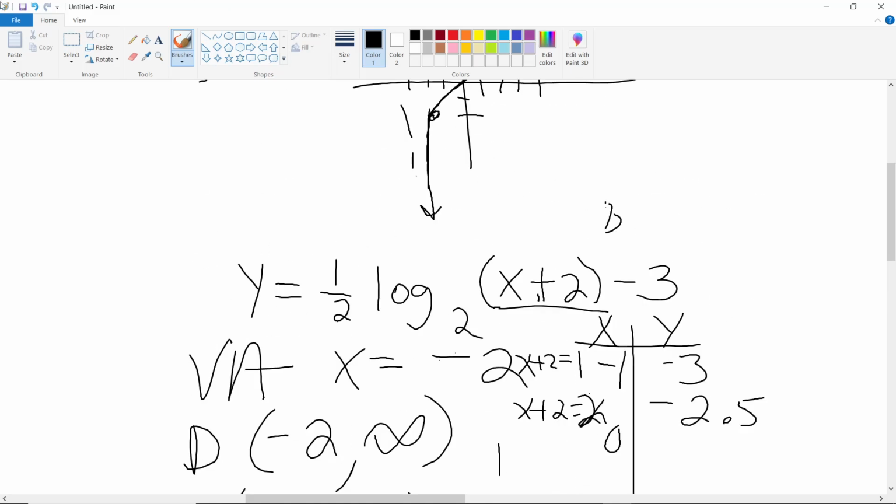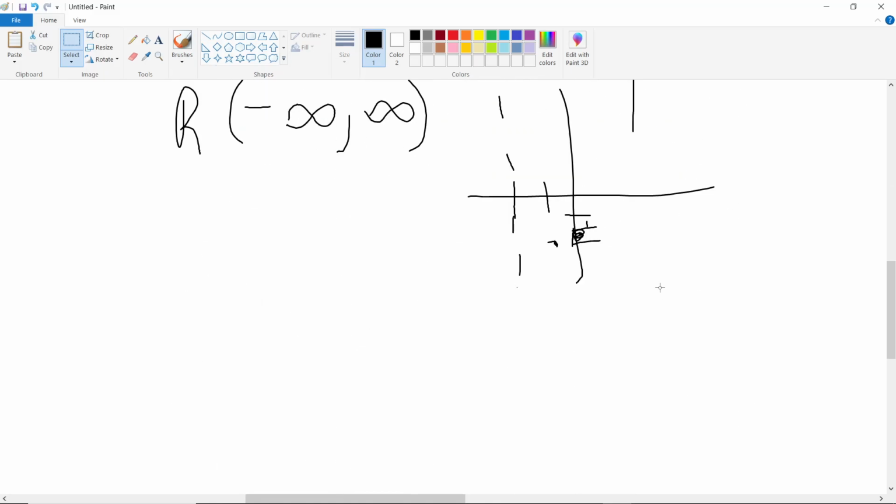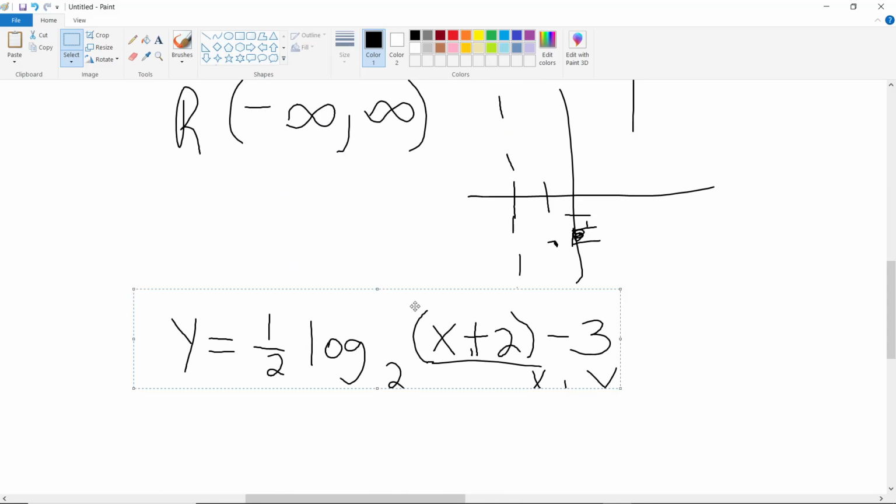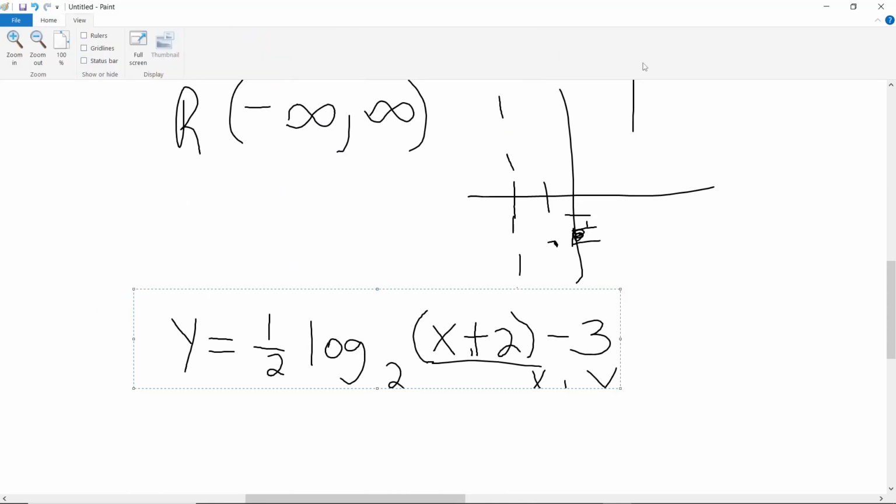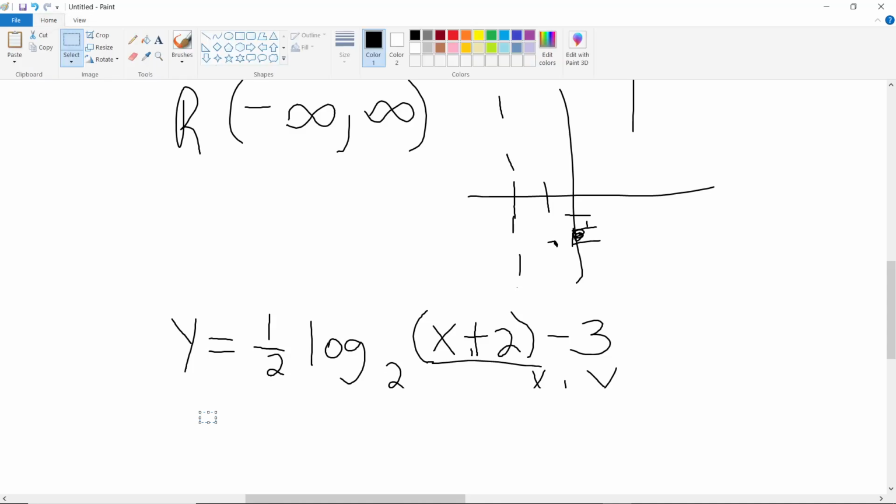Hold on, let me pull this function down here. 0 equals 1/2 log base 2 of x plus 2 minus 3.